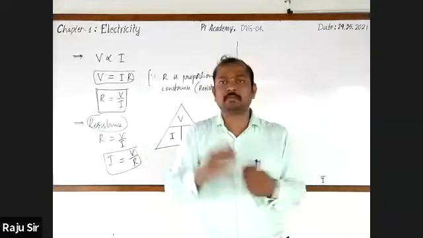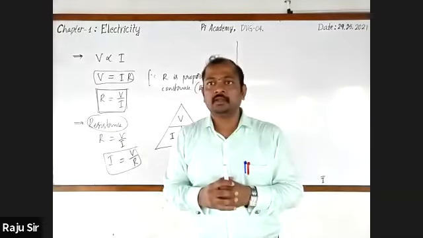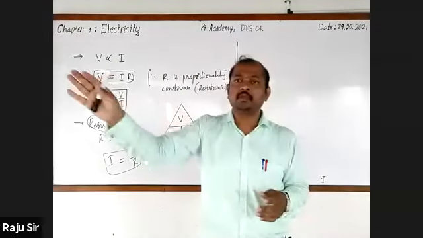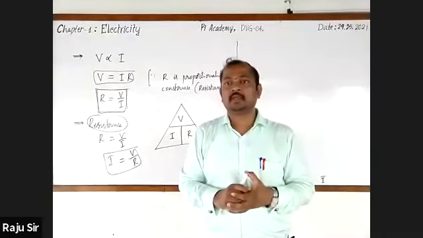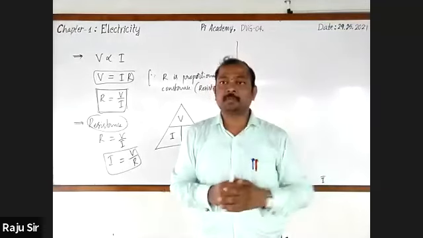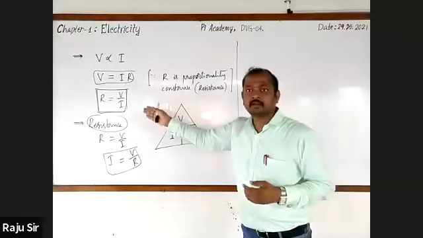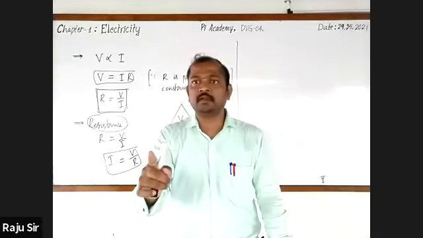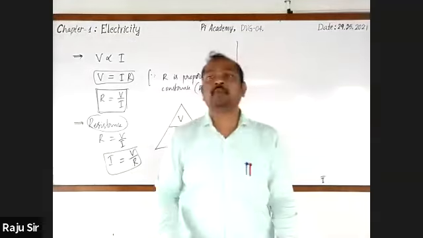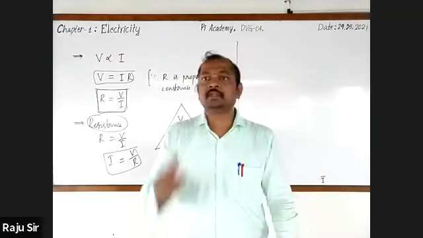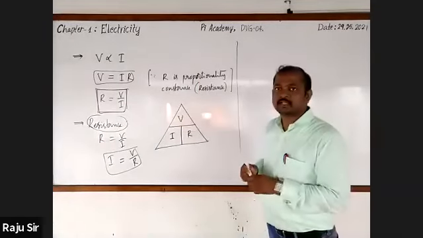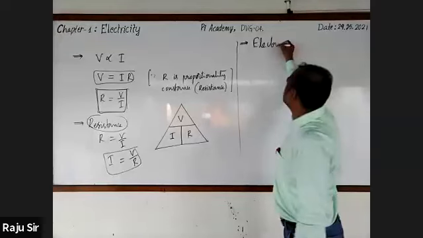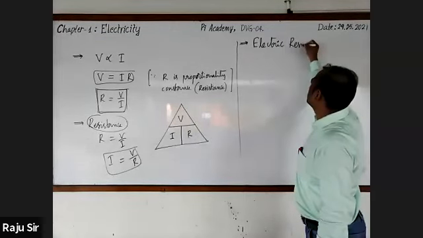Flow of electrons, nothing but the charged particles. So this is the property of all conductors to oppose the flow of electrons, and we call this property electric resistance. Once I repeat, the property of a conductor which obstructs the flow of electrons in it is called electric resistance. Here I'll write electric resistance.